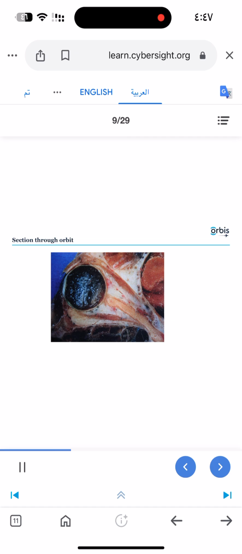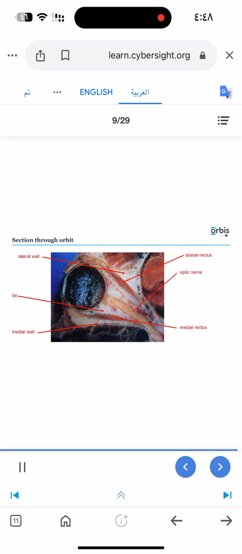We can see the optic nerve, the medial wall of the orbit, the medial rectus muscle, the lateral rectus muscle, the lateral wall of the orbit, and the orbital fat. We will now look at some of these items in more detail.